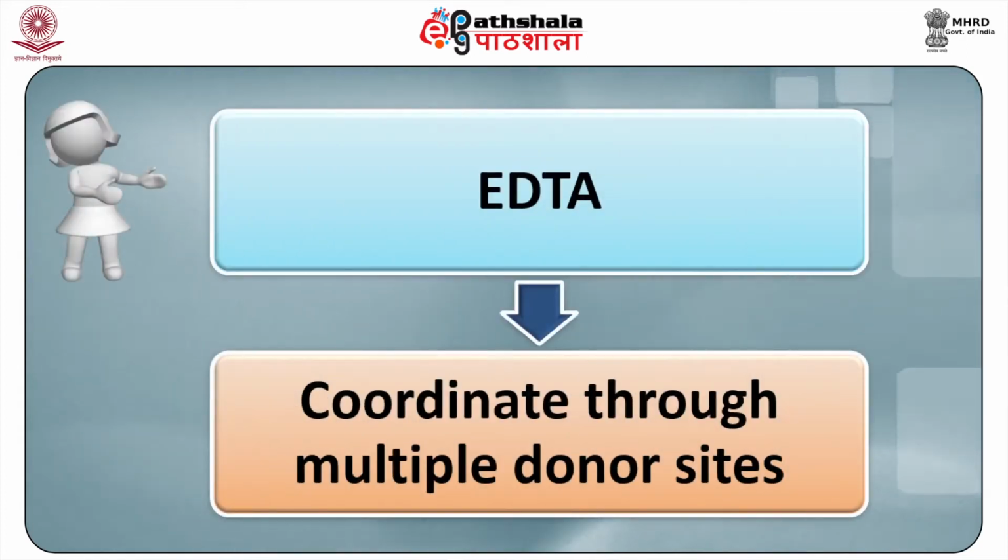Some ligands, for instance EDTA, can coordinate through multiple donor sites, for example bis, tris, tetra or hexacylation with the central atom. In general, as the coordination number of EDTA increases, the stability of the resulting complex also increases.